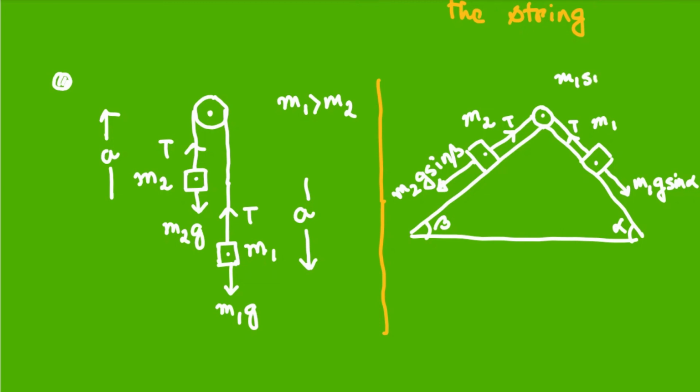If m1 sin alpha is greater than m2 sin beta, in that case m1 will be moving down the inclined plane with the acceleration a and m2 will be moving up the inclined plane with the same acceleration a.